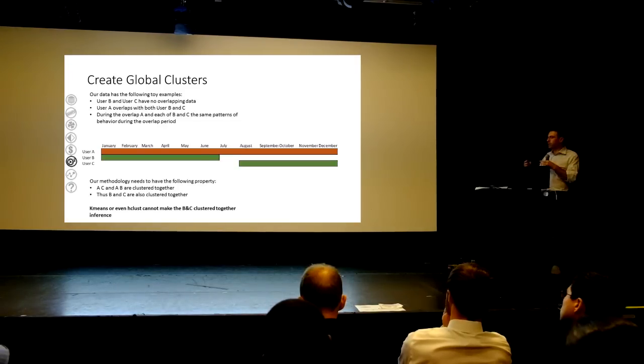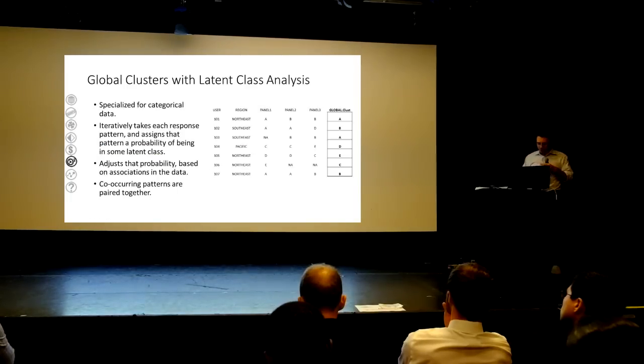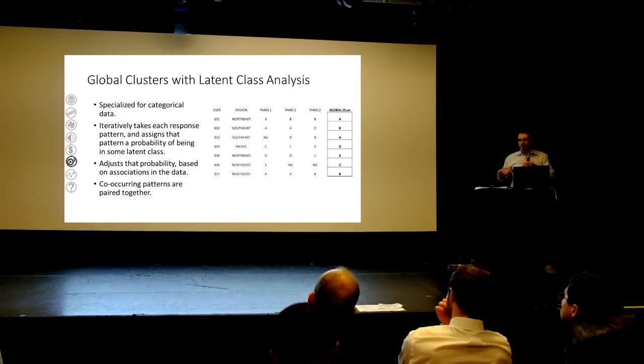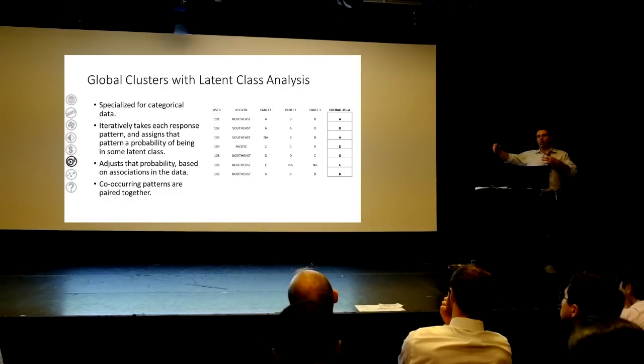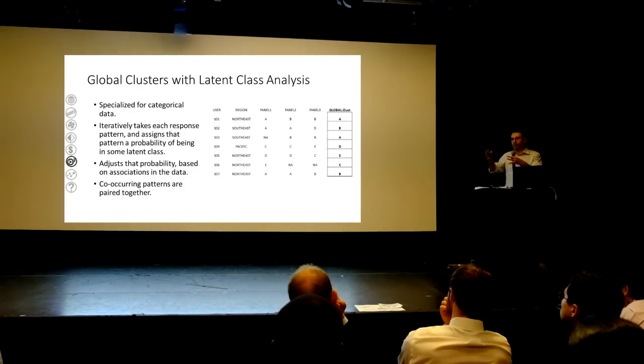Okay, so there are a couple of ways that we can create these global clusters. One is with the latent class analysis, POLCA, and the membership in the global clusters will more or less represent how, if we had all the data, if we had all the million users, all those users would be clustered.